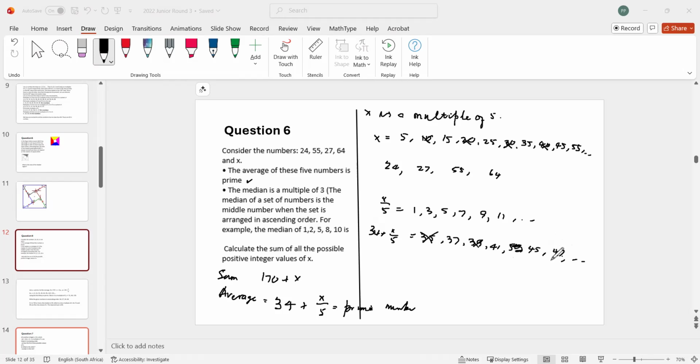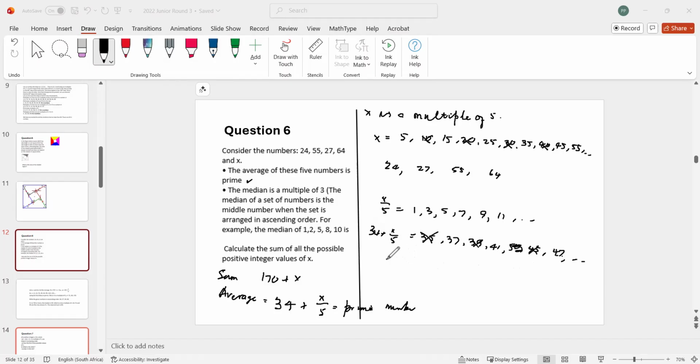That's not prime. That's not prime. Okay, so you have that 34 plus x over 5.